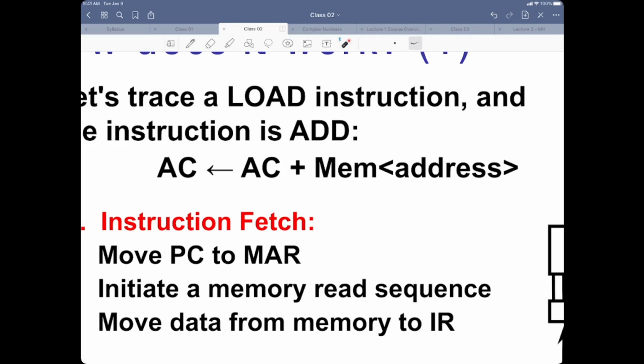Add them, and store the result back into the accumulator. So accumulator plus some number present in the memory, which I refer to by an address. Addition is the operation here, and then save that result back into the accumulator. So you don't need to store to memory. You're still storing that result in the accumulator, which is part of the data path unit. That's what I want to do.